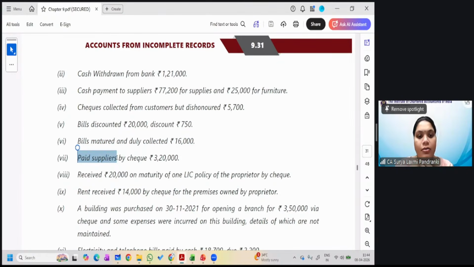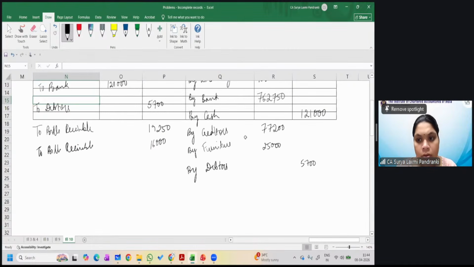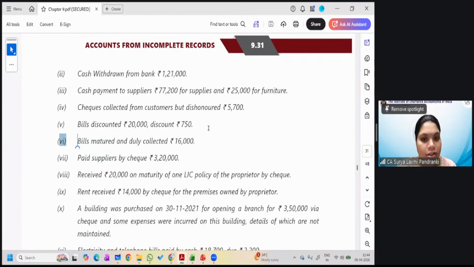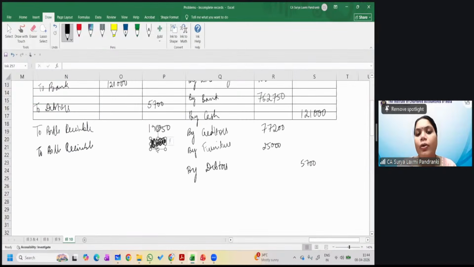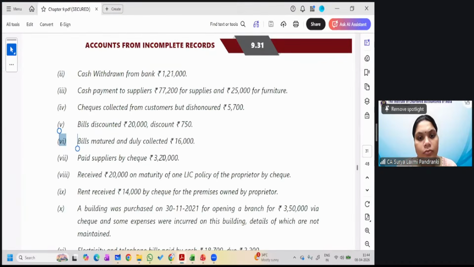Ma'am, was the sixth one shown in bank or cash? Sixth transaction, I have shown it in the bank column only, here, 16,000. Can you see? Yes, ma'am. But it was not told whether to show it in bank or cash.